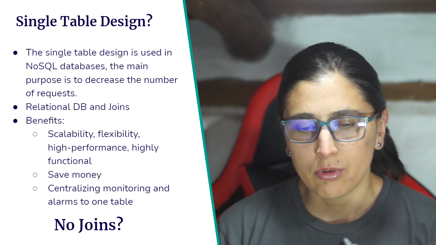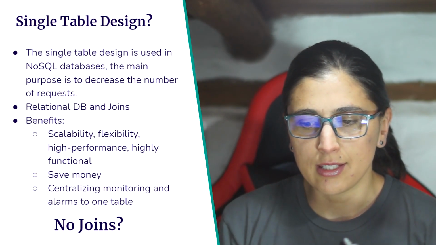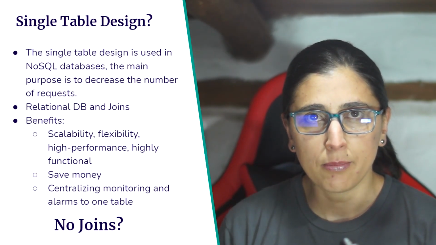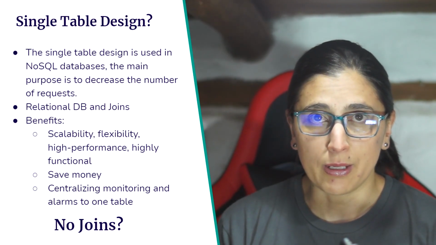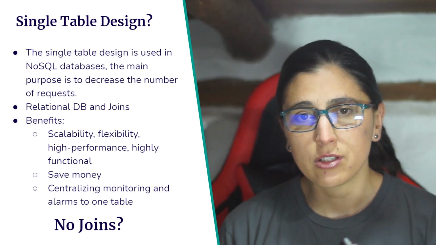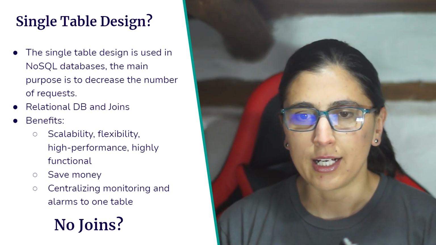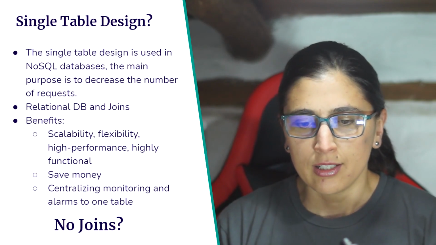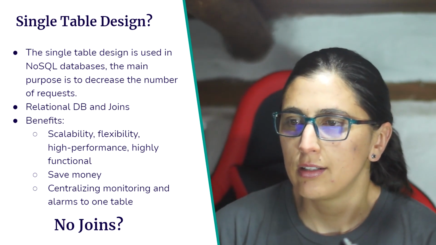So right now the storage is not a problem. The problem is the CPU processes, which are expensive. So if we start using, for example, the single table design, where we have pre-joined data, it is going to give us the data in a much more efficient way, and it can save us a bit of money.